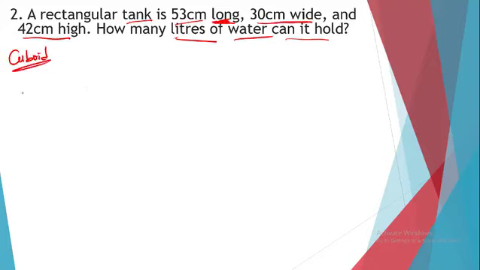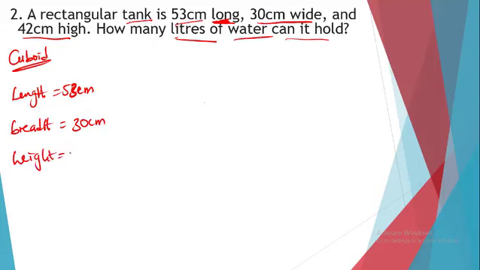So the 53 is the length. So we have the length to be equal to 53 cm. We'll have the width, or we'll call it the breadth, to be equal to 30 cm, and then we'll have the height to be equal to 42 cm.